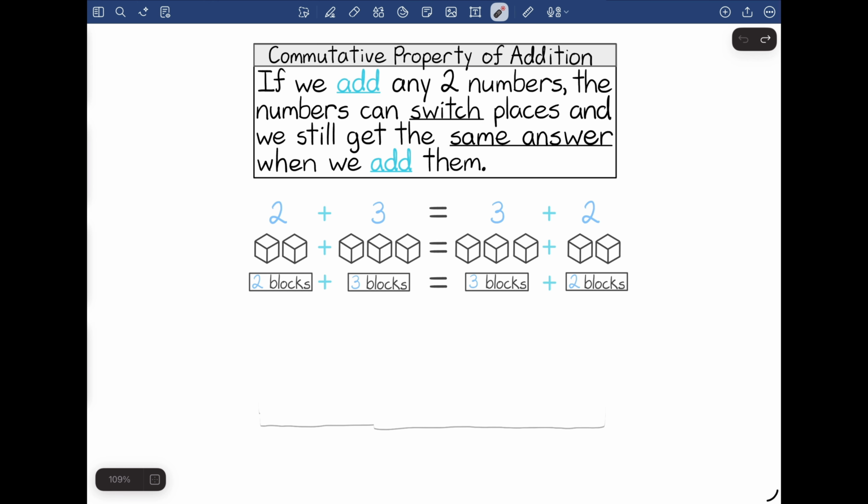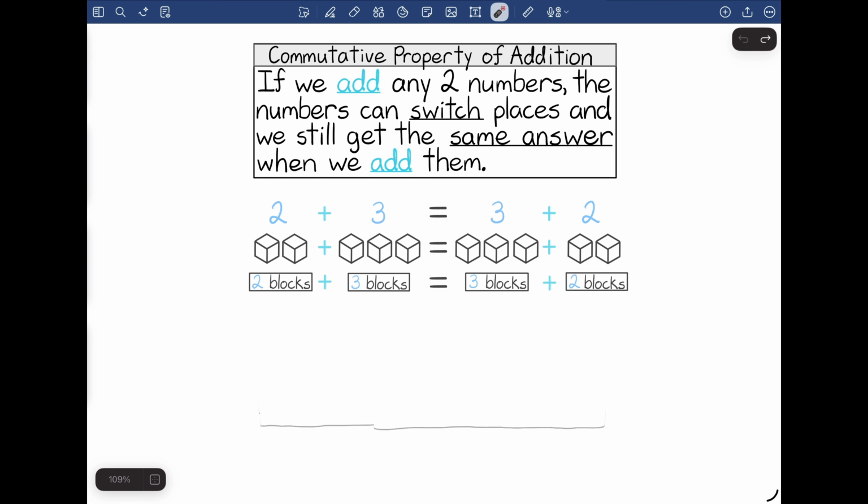And when we add them, after we switch the places of the numbers, we should get the same answer. So these are very important points for the commutative property, that it has to work for any 2 numbers, and after we switch the places of the numbers, we still get the same answer afterwards.